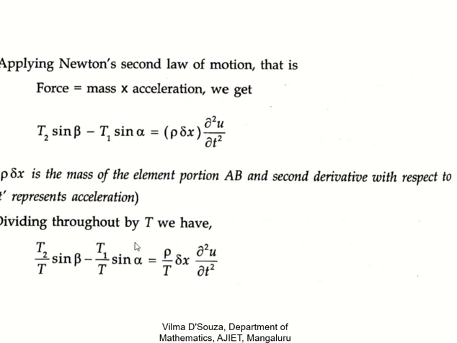Now you divide throughout by t. What do you get when you divide throughout by t? T2 by t sin beta minus T1 by t sin alpha is equal to rho by t delta x into dou square u by dou t square.